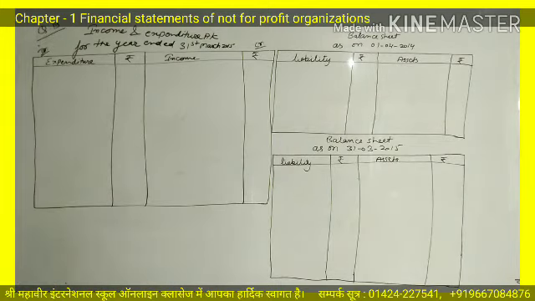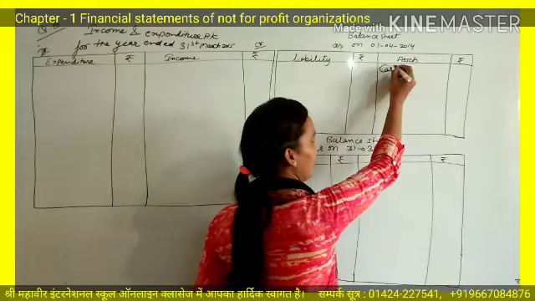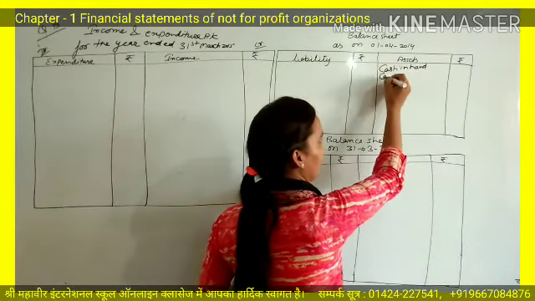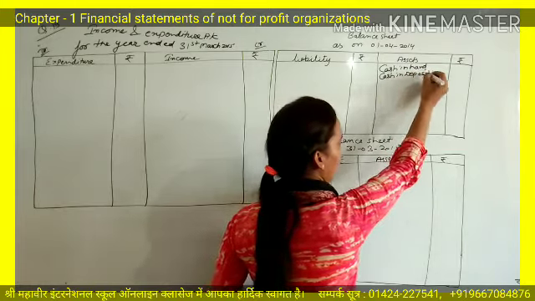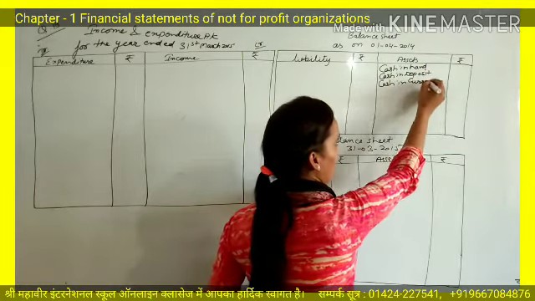To balance BD, these are the opening balances: cash in hand 4,000, cash in deposit account and cash in current account. These three amounts will be transferred to opening capital in the asset side. Cash in hand, cash in deposit and cash in current account.